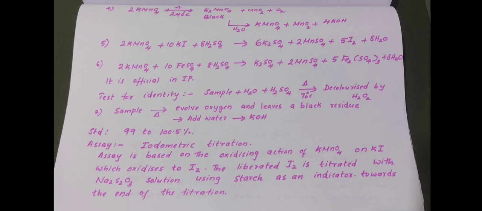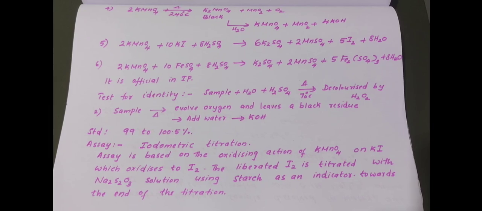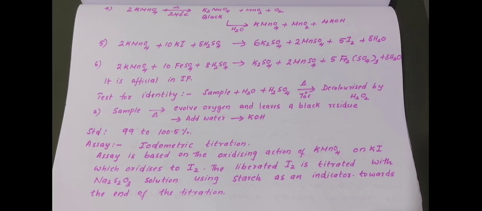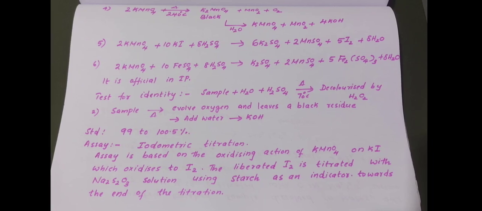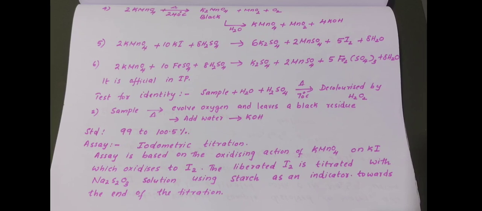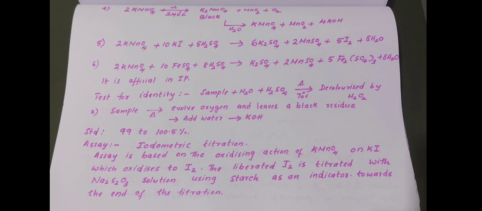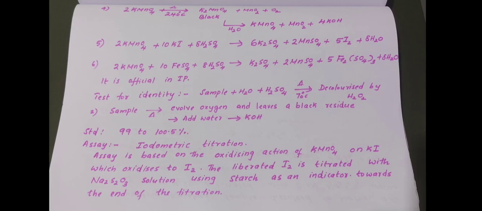So ferrous sulfate oxidizes to ferric sulfate. 2KMnO4 plus 10FeSO4 plus 8H2SO4 gives K2SO4 plus 2MnSO4 plus 5Fe2(SO4)3 plus 8H2O. It is official in IP.